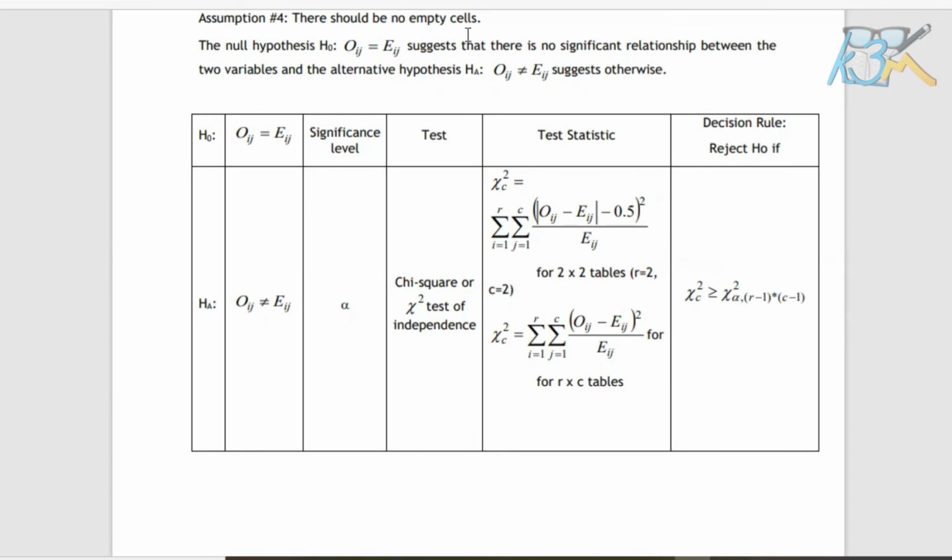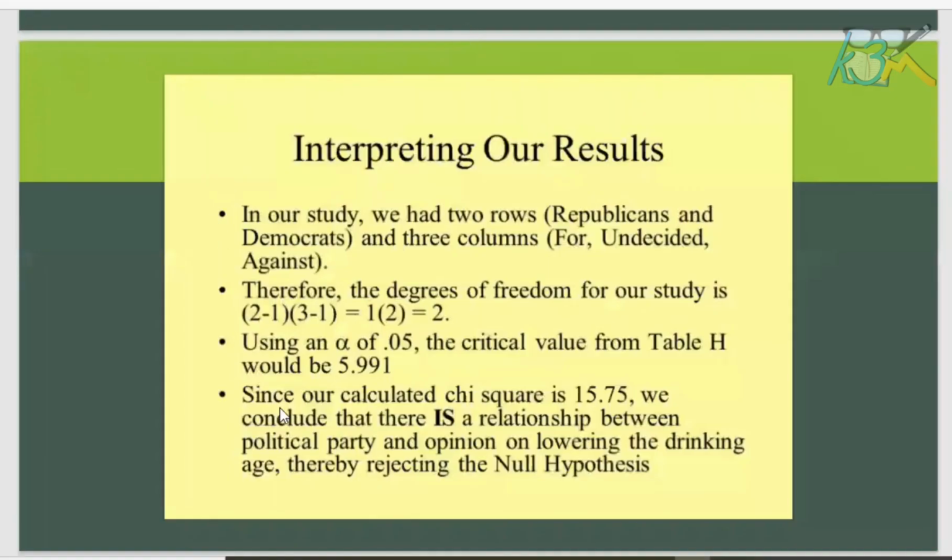So here, since our calculated chi-square is 15.75, it is greater than the critical value of 5.991. So we conclude that there is a relationship between the political party and opinion on lowering the drinking age. So we reject the null hypothesis.